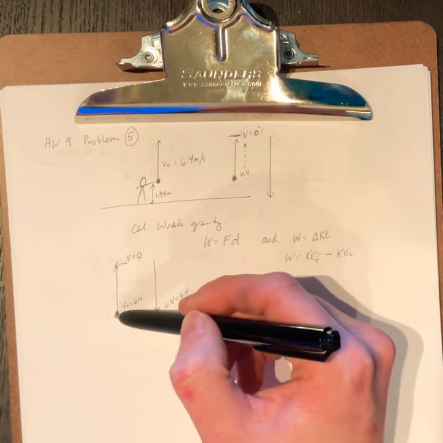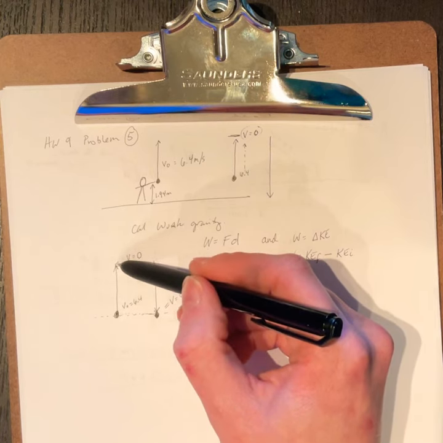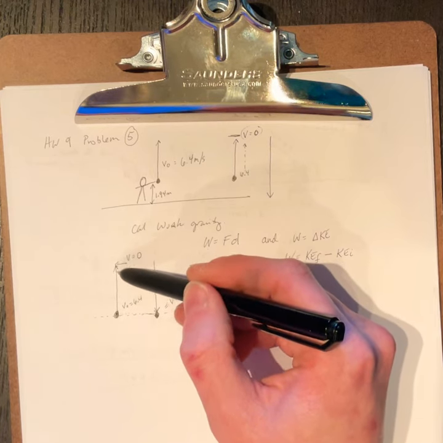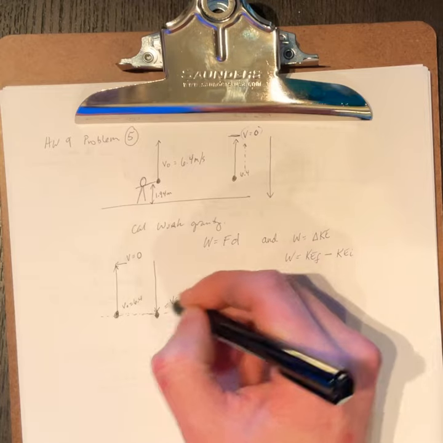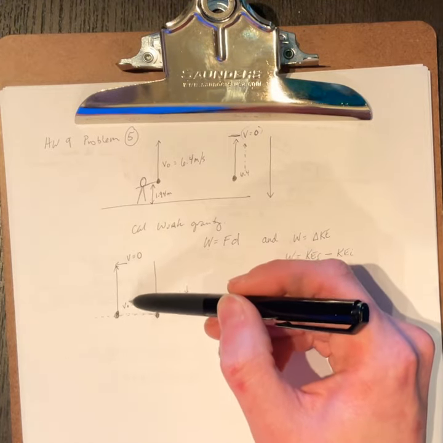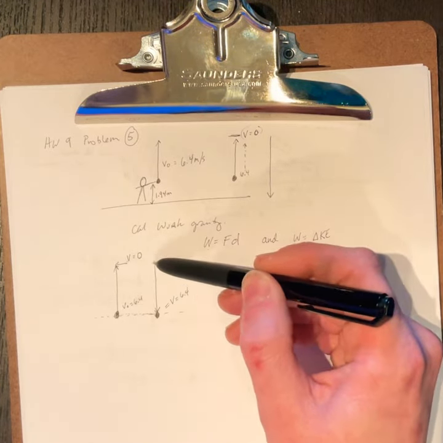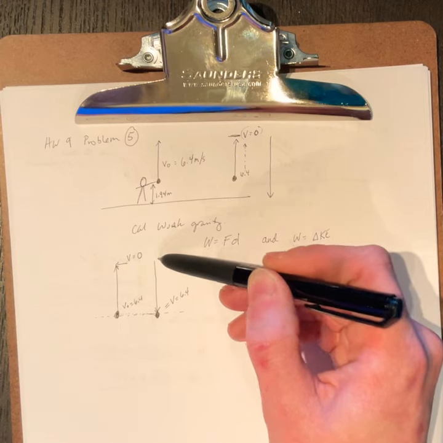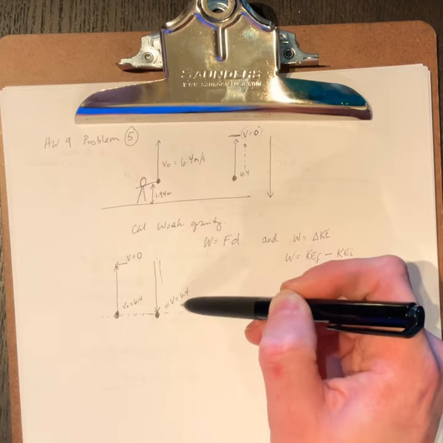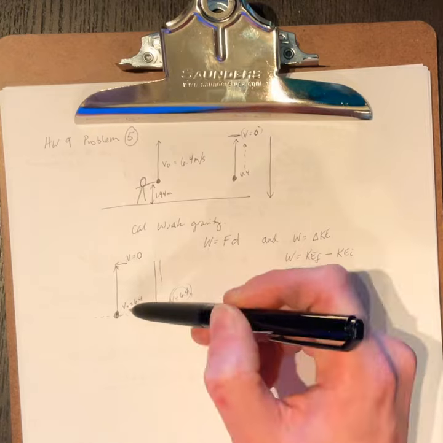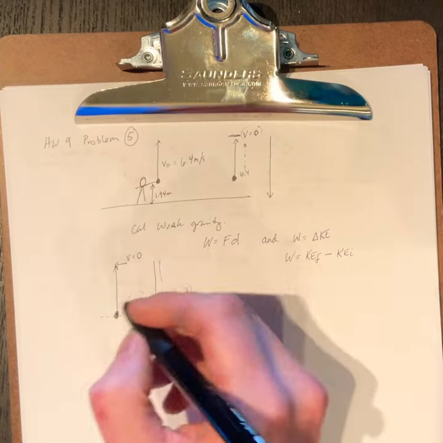Because it went up at 6.4, reached a max height, and then came right back down. The gravitational force that's slowing this ball down is the same gravitational force that speeds it up going from 0 back down. So this velocity here should be the exact same as the initial velocity.